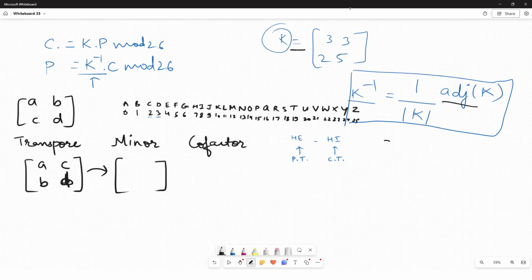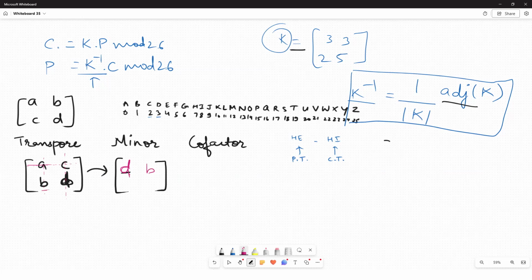But the way you do it is, for the first element, you will hide this and this, let me make it in a different color. So the resultant is D. If you have to get the second element, you will hide this and this. So the resultant is B.